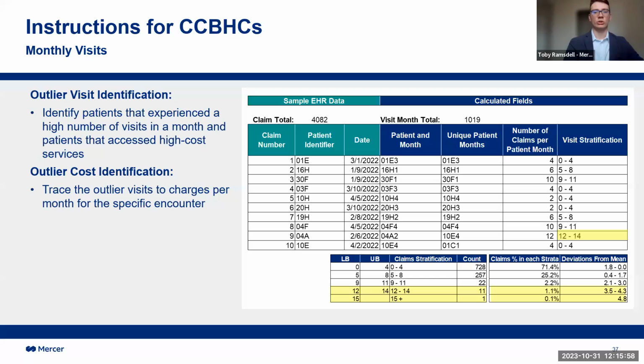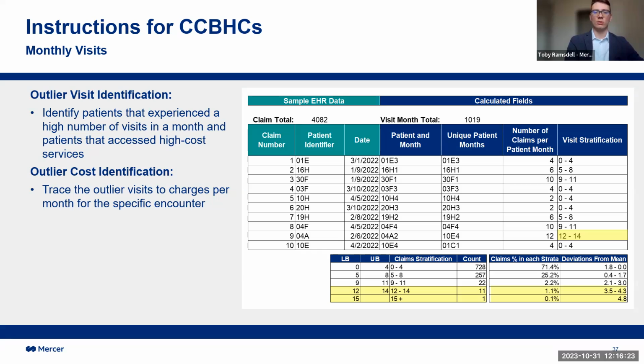Then you can search the date of service provided and the month of service provided to see the number of times that a patient had a claim or an encounter in a month. That's different from the number of visits, which would be 1. But that would show you how many times the patient came into the CCBHC and received services in that month.